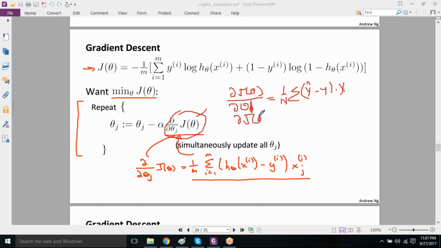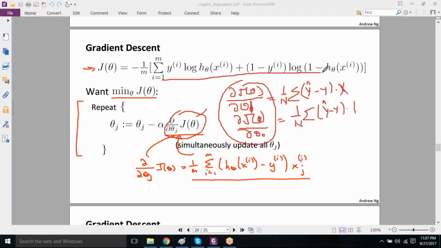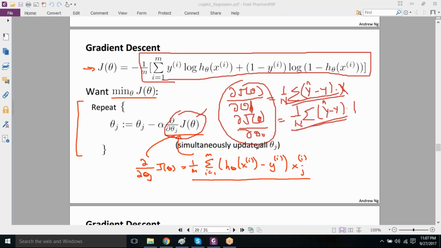For theta naught, the partial differentiation comes to be like this, multiplied by 1, isn't it? So similarly, the partial derivative, if you do this for this function, it comes out to be the same. So nothing is changing basically.